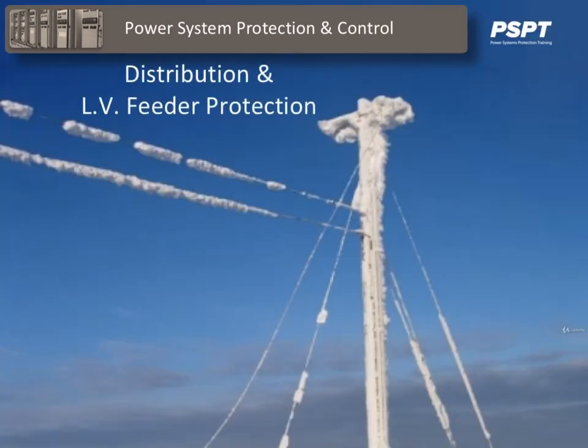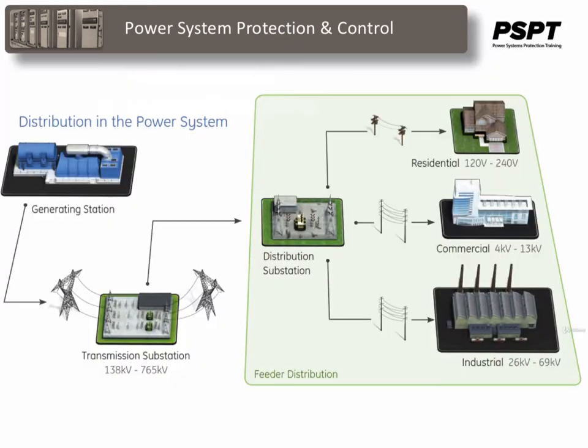Let's look briefly at distribution and low voltage feeder protection. Electrical distribution is the final stage in the delivery of electricity to the end user. The distribution system's network carries electricity from the transmission system and delivers it to the customers.